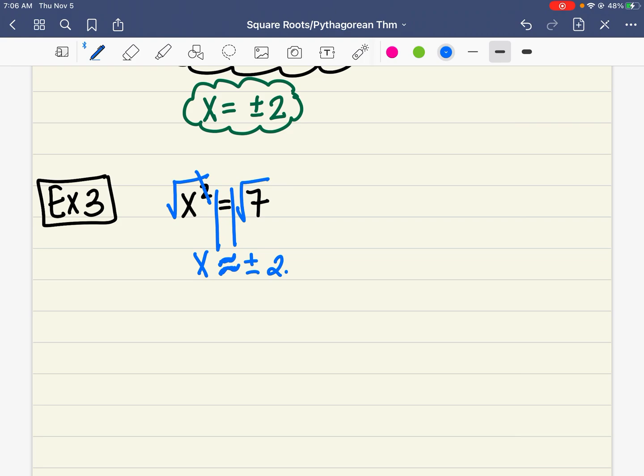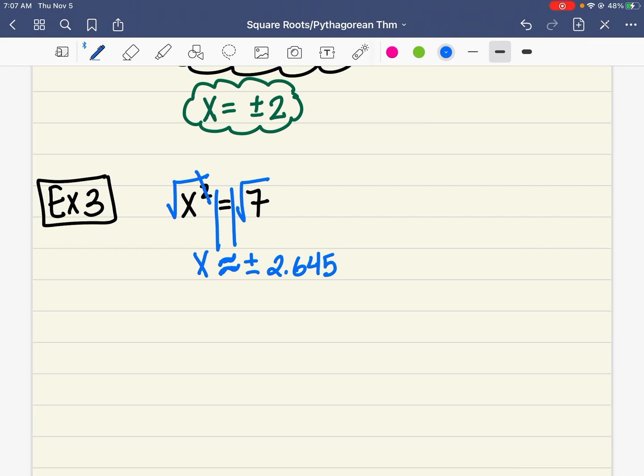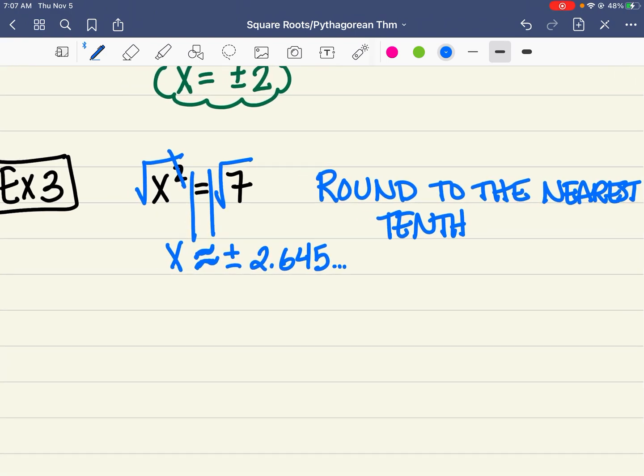And I think it was 2.645. Okay, now if I want to round to the nearest 10th, we got to go back to what we learned about rounding. Rounding to the nearest 10th means I need to find the 10th place.